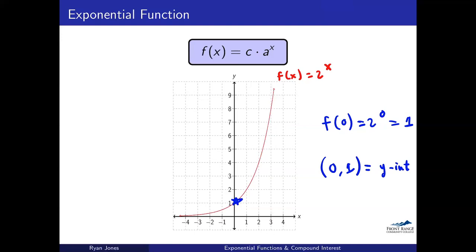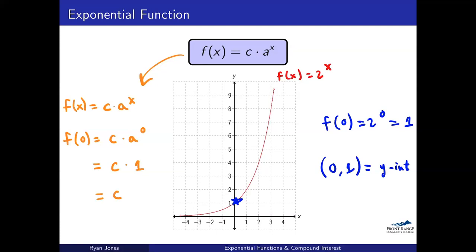Now, what you'll notice here is that in this general format where I have f of x equals c times a to the x, maybe I don't have just specifically 2 to the x. If I take f of 0, what you'll notice here is that a to the 0 term just ends up being 1, and so I get c.